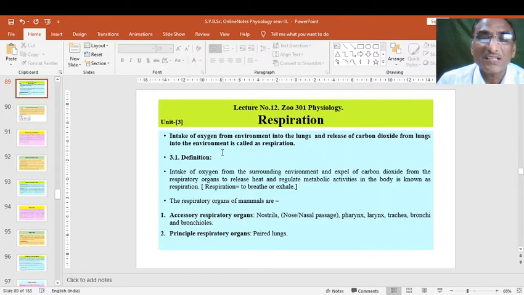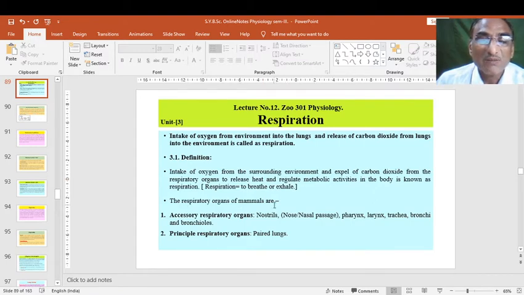But whenever the food is split again to release energy for the facilitation of activities, the oxidation process is needed, and for oxidation oxygen is very important. Therefore the respiratory system is of prime importance, playing a key role in regulation of metabolic activities in the body.